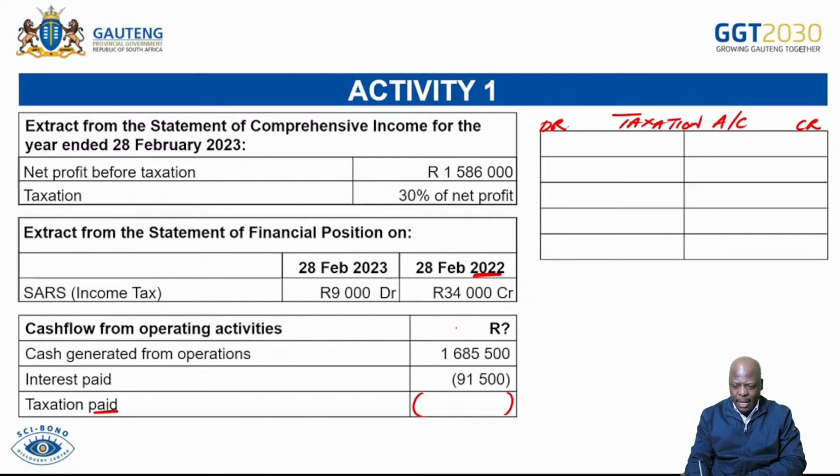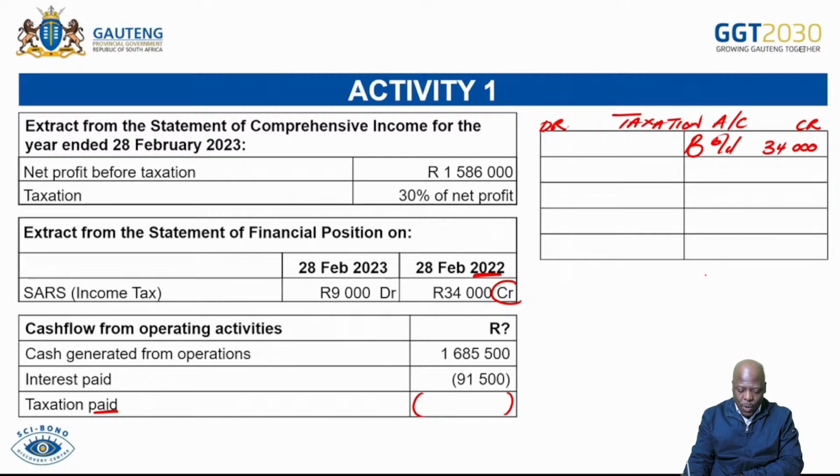Is it debit or credit? You can see here, it is credit. So I'm going to say balance brought down, and my balance brought down there is 34,000. That is my balance brought down on taxation, 34,000.